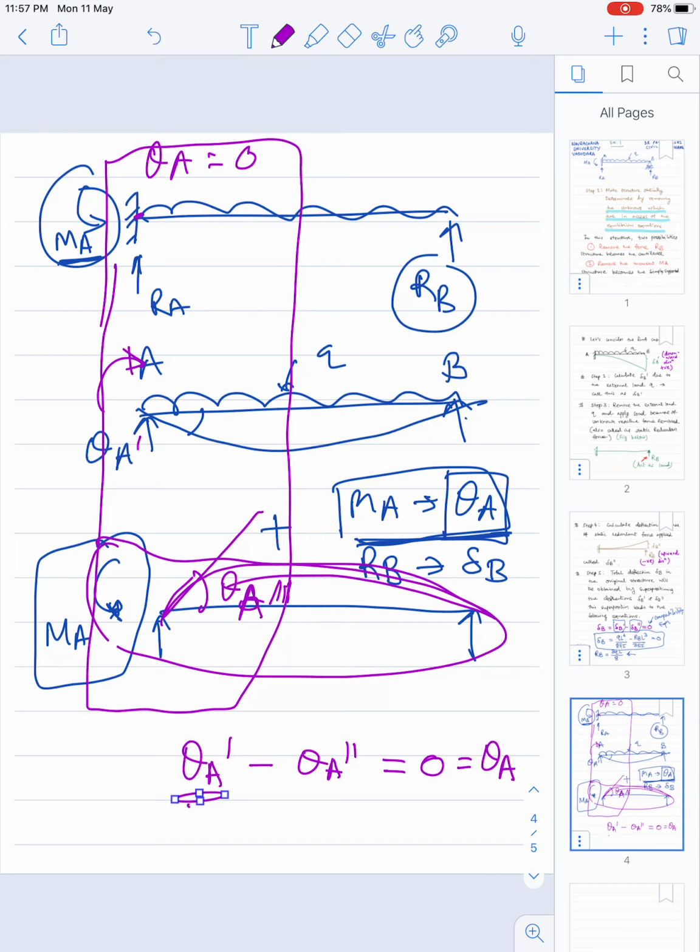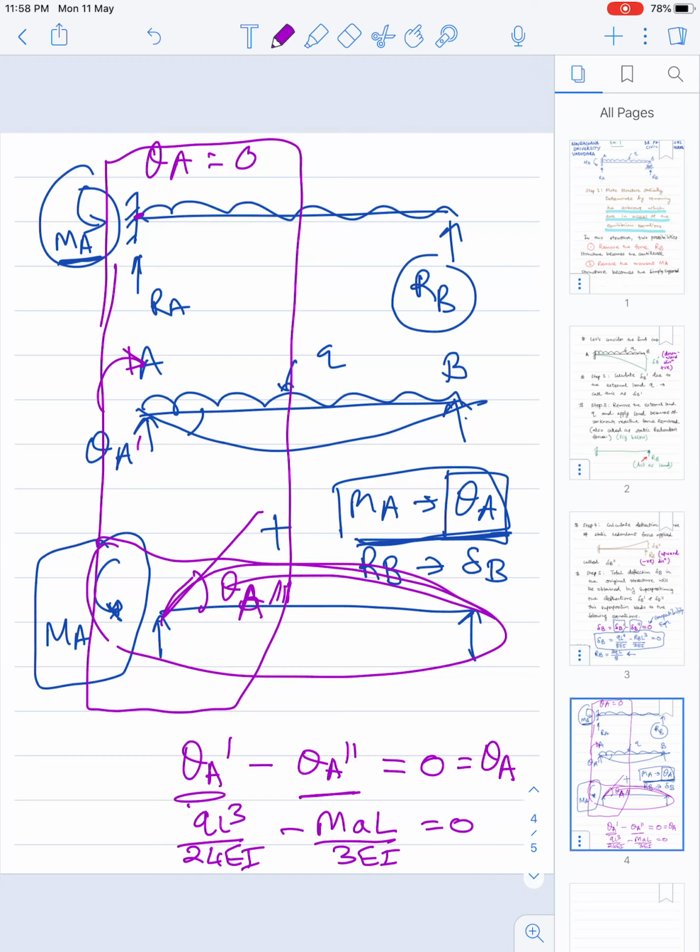By taking the formulas from the table for theta A dash and theta A double dash, we can get the values. This is given by QL cube by 24EI minus this is given by MA L over 3EI is equal to 0.